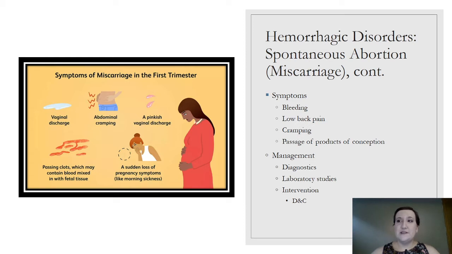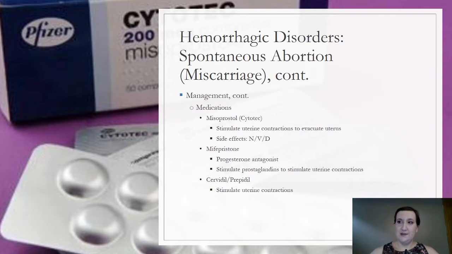But with the dilatation and curettage, the provider actually has to manually dilate the cervix in order to get the instruments up into the uterus to remove those little parts that are still adhering to the uterine wall. Once we have those parts, whatever that retained product of conception may be, that's going to be sent on to pathology.